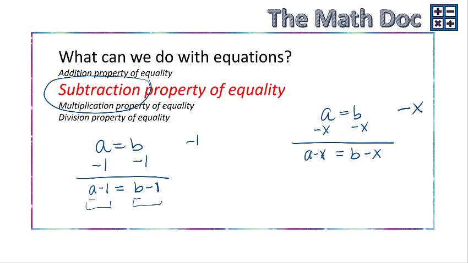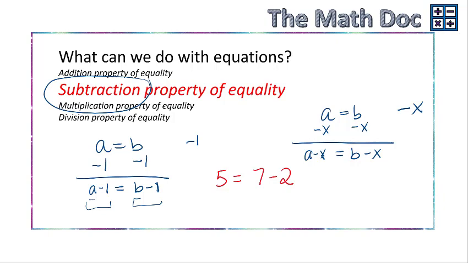Before going on to the next two properties, I'd like to give a concrete example. For instance, we have the equation 5 equals 7 minus 2. We know this is correct, right? 7 minus 2 is just 5. So indeed, 5 is equal to 7 minus 2.